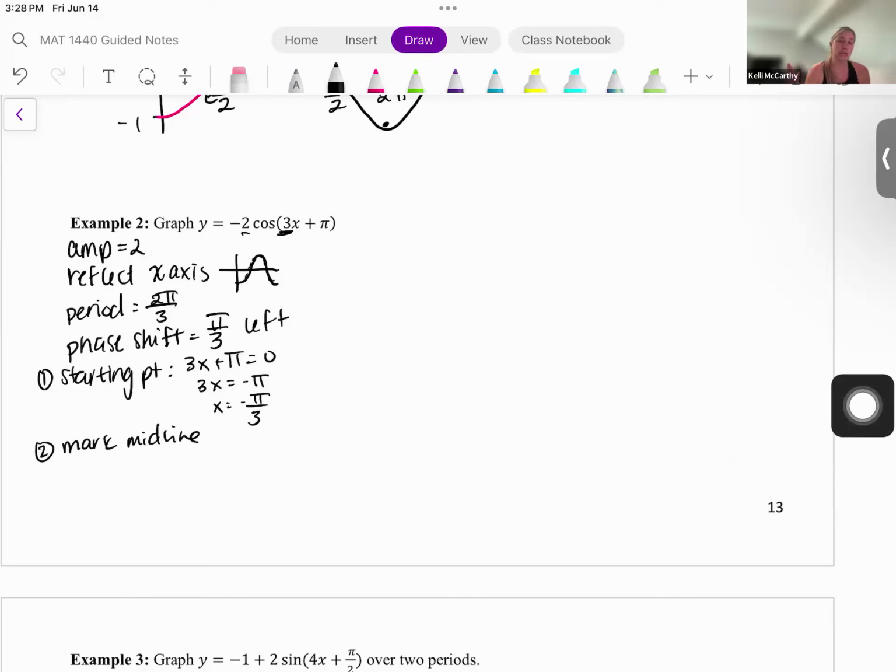So we don't really need to do anything for this particular example for that. Then we're going to mark the period starting from our starting point. And then we'll look at the amplitude and or reflection.